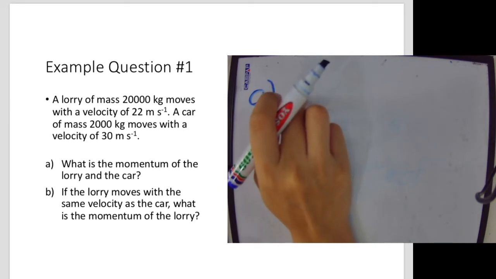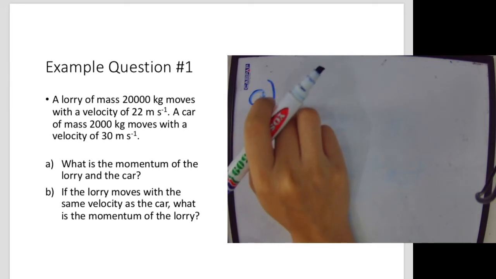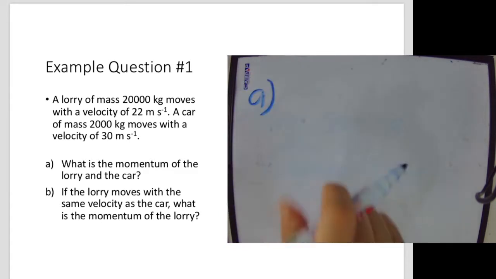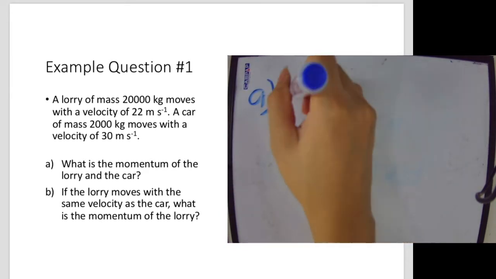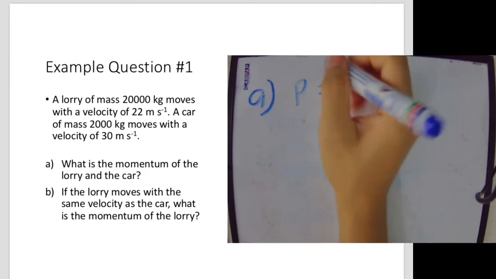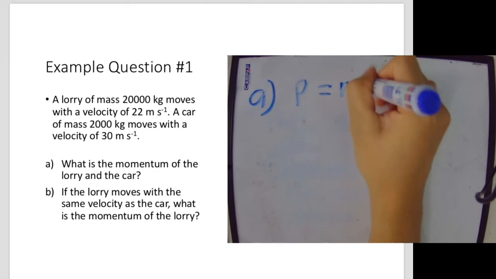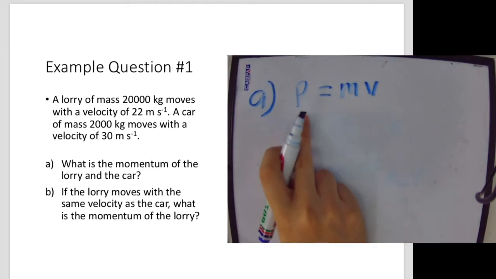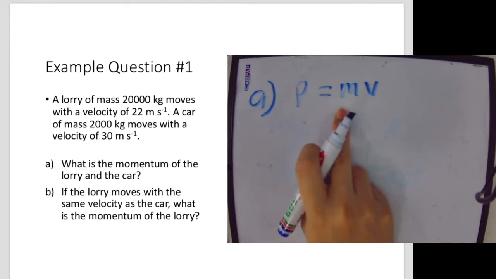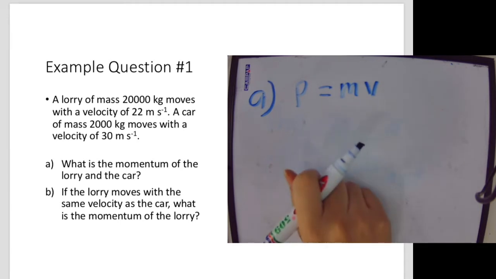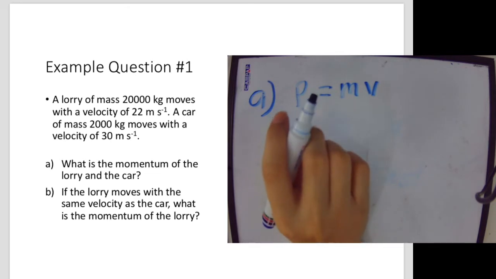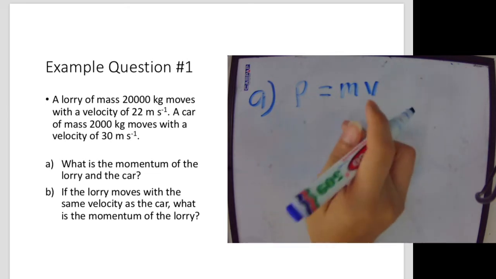We need to calculate the momentum of the car, and we need to calculate the momentum of the lorry. So let's define everything. So what is our formula? So our formula is P equals mv. So P is the momentum, m is the mass, v is the velocity.